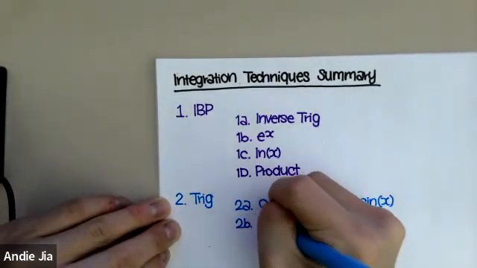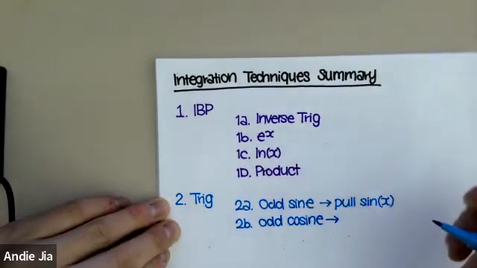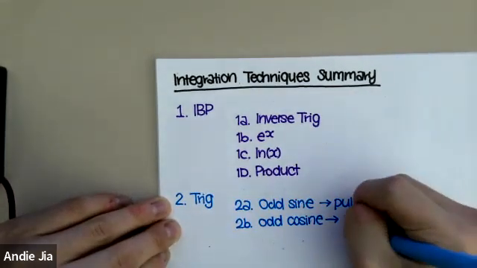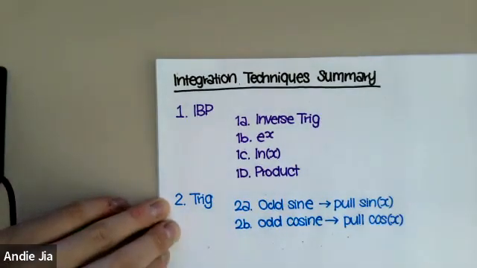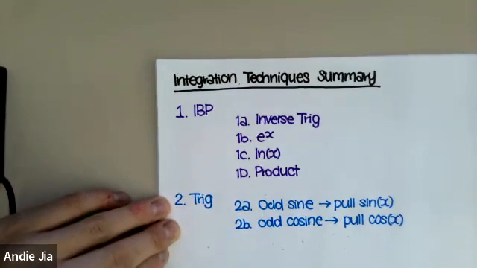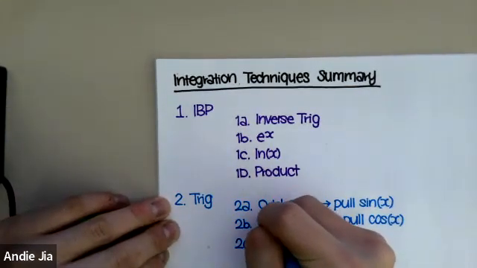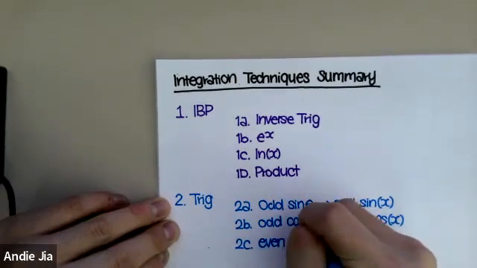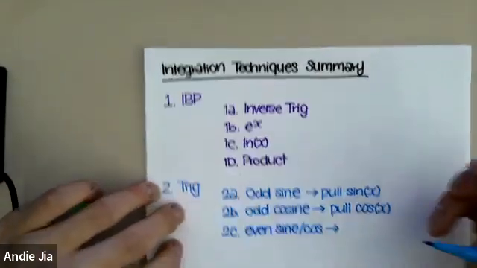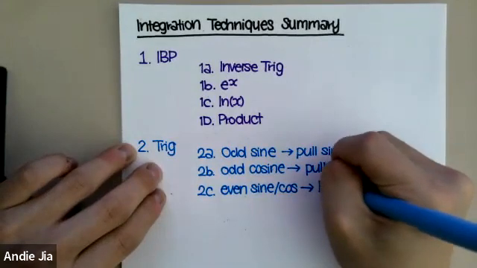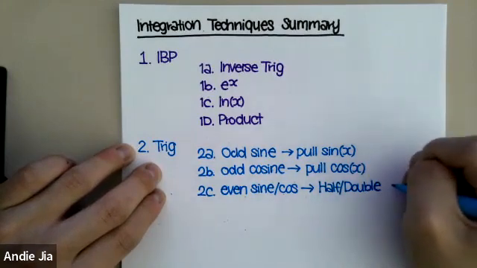Odd cosine, pull out a cosine. C is even power, use the half or double angle identity.